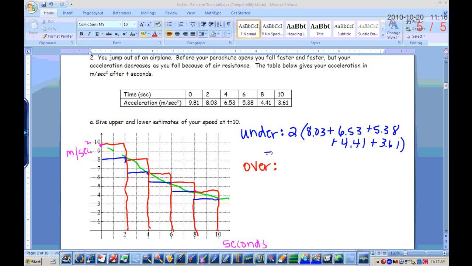And if you type this into your calculator, you should get 55.92 meters per second.